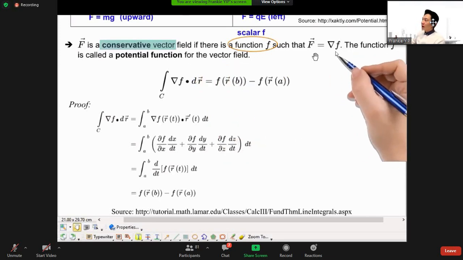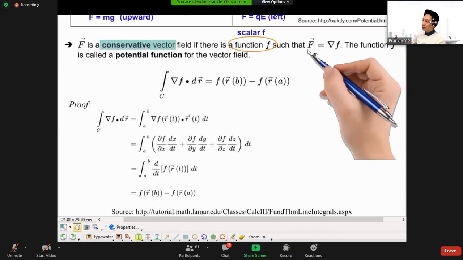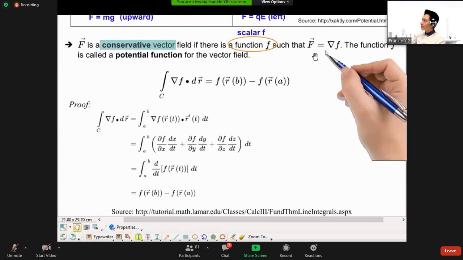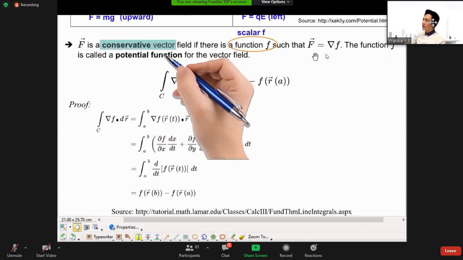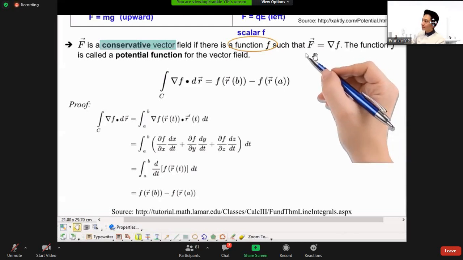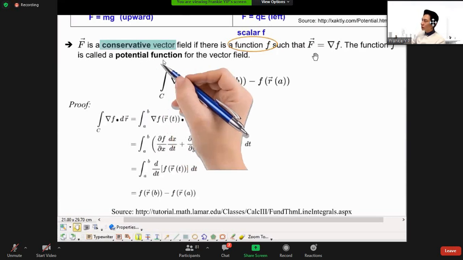We use del F, and then we can calculate the answer of this conservative vector. Okay, this is the first thing you need to remember. Every time the vector is conservative, remember to use this formula to find the F. And the F, another name is called the potential function of the vector field.